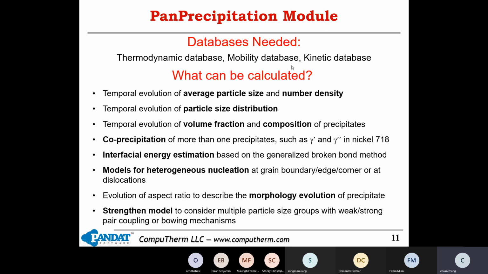Our simulation can also consider different heterogeneous nucleation as well as morphology evolution. One of the most important parameters in precipitation simulation is the interfacial energy. We also developed a function to help estimate the interfacial energy, which makes this module much easier for users to get started with.